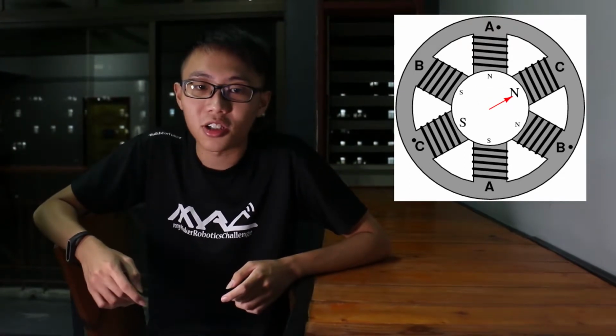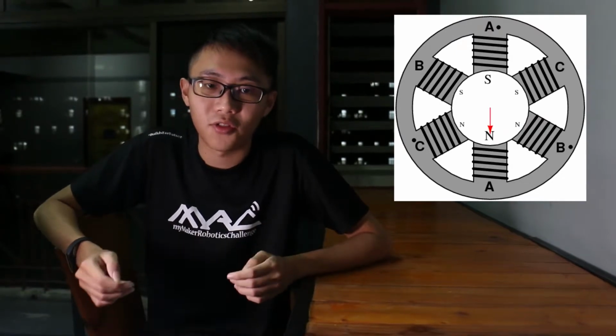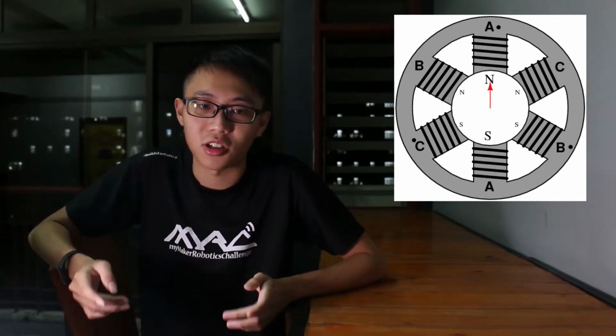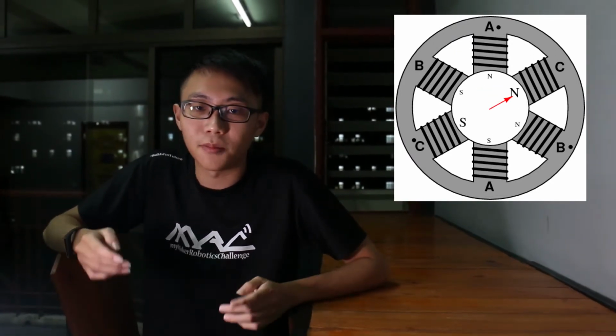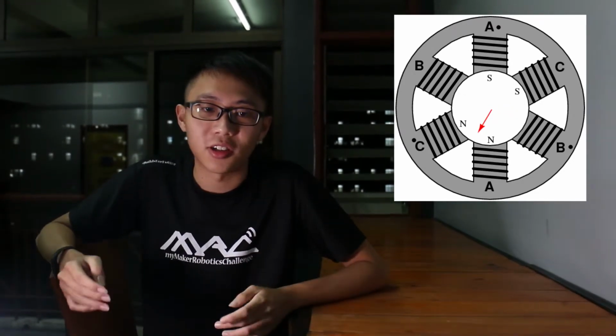The speed of rotation of the rotor will be close to the speed of field rotation in the stator, but will not be equal to it, because when both speeds are equal, there will be no speed difference. So there is no cutting of magnetic flux and no magnetic field induced, so it will not spin.